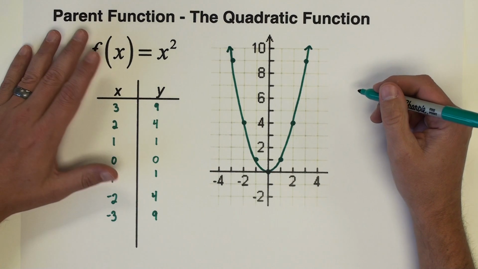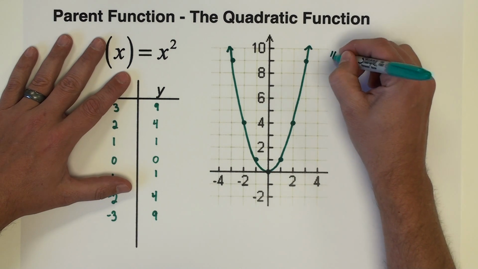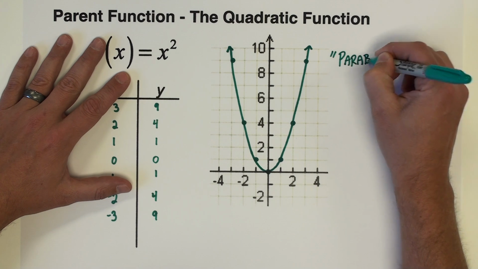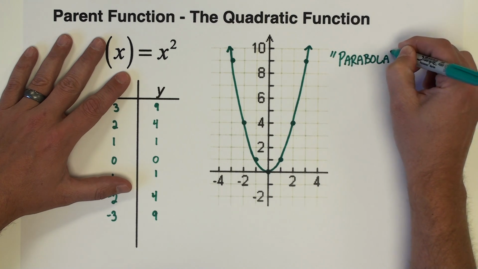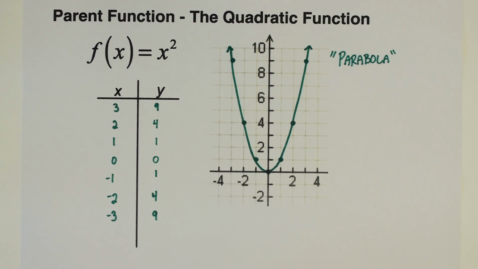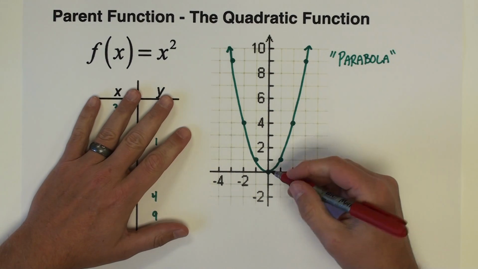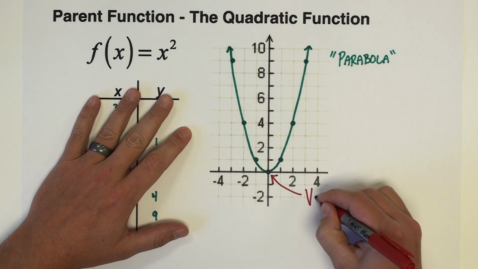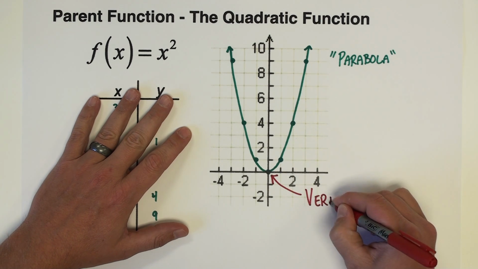The graph of a quadratic function we call a parabola. Now, some features of this graph, or maybe just some vocabulary, some things that we would like to know. The point here at the bottom is called the vertex.